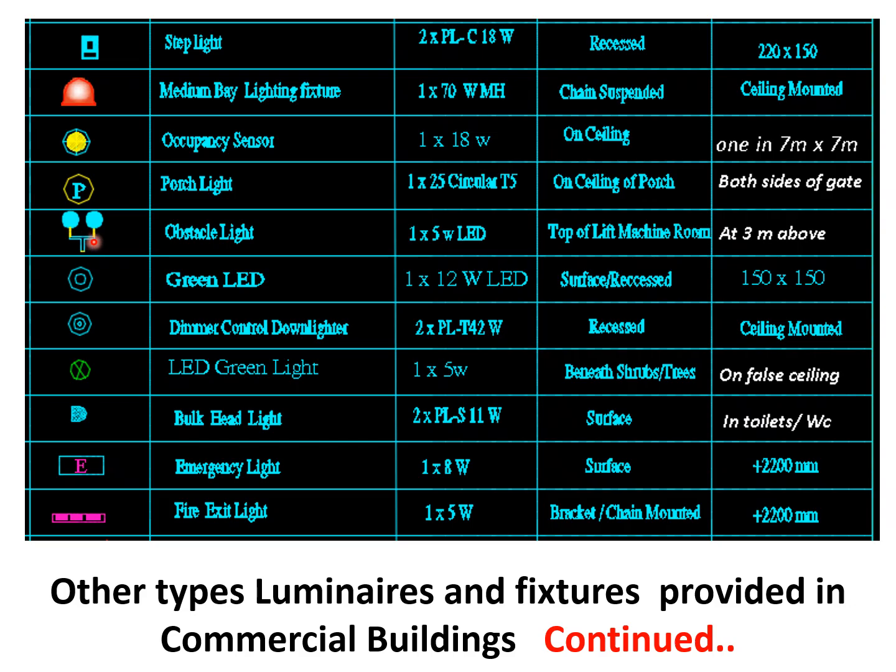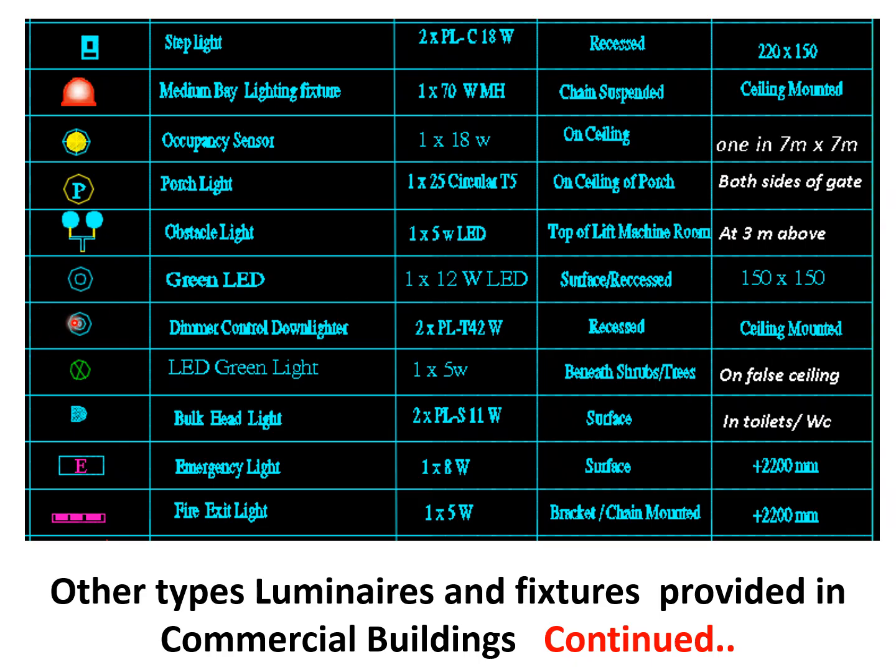This is the obstacle light, which is provided for the safety of planes flying at heights above normal multi-story buildings. We provide a green LED fitting, 1 into 12. Now various types are available.